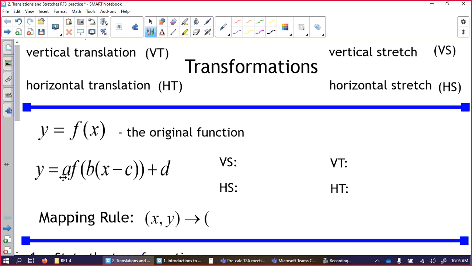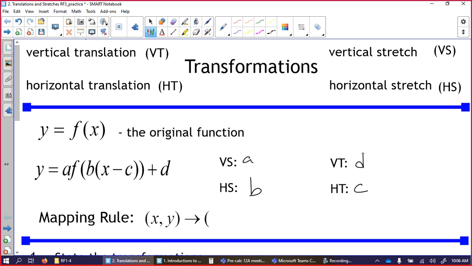The equation in general is a, which is our vertical stretch, b, which is our horizontal stretch, c, in this case, because that's with an x, is our horizontal translation, and d, which is our vertical translation.